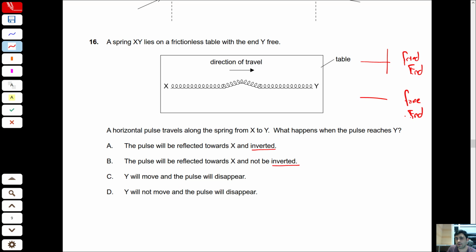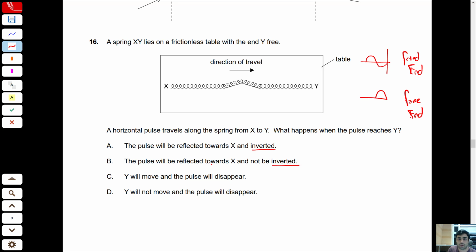Now remember, when the wave is incident toward a fixed end, the reflected wave will be inverted. But when the wave is no longer attached to any fixed end, it's a free end. If it's a free end, then the wave will no longer be inverted. So it will just reflect back with the same crest. There will be no inversion.